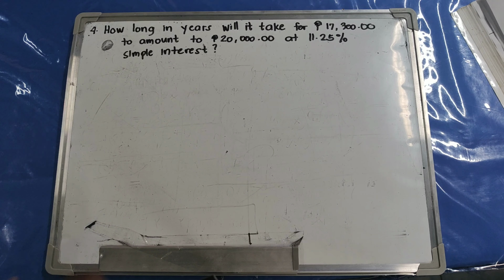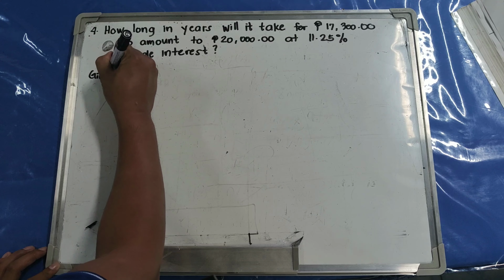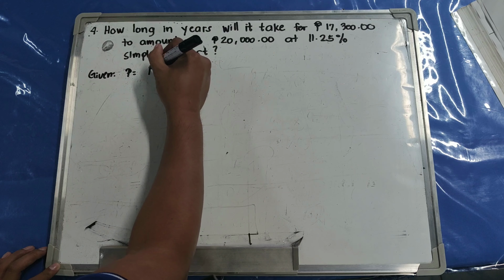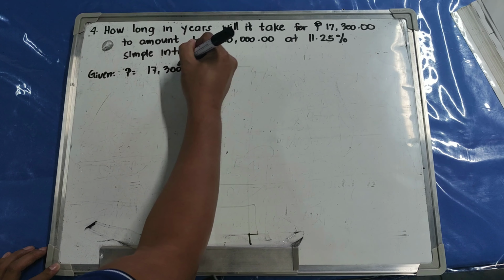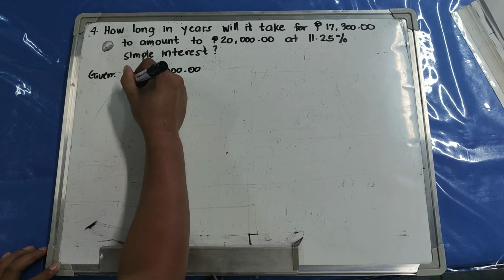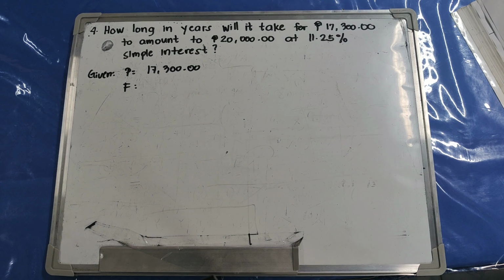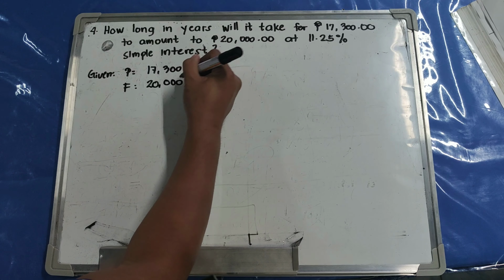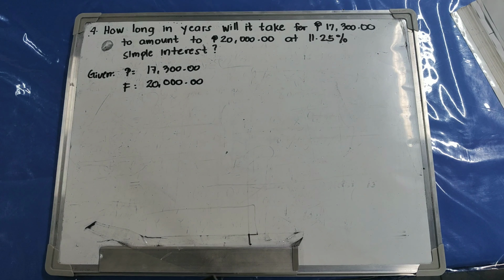So again, let's identify the given. Our given, the principal is 17,300 pesos. Our future value, why is 20,000 our future value? Diba? Sinasabi sa problem, how long will it take for 17,300 to amount to 20,000 pesos? So meaning that signifies our future value. So our future value is 20,000 pesos.